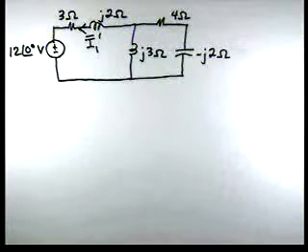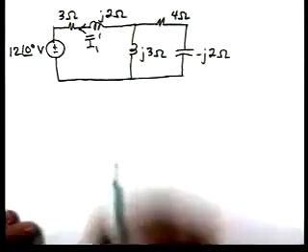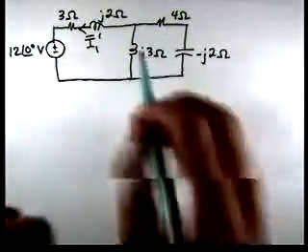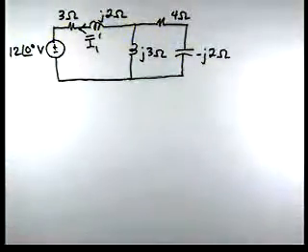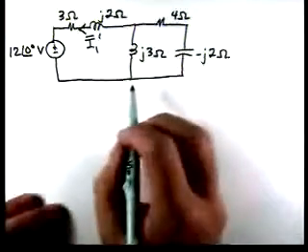Now let's simplify this circuit. For instance, this is in parallel with that, so we can calculate an admittance.